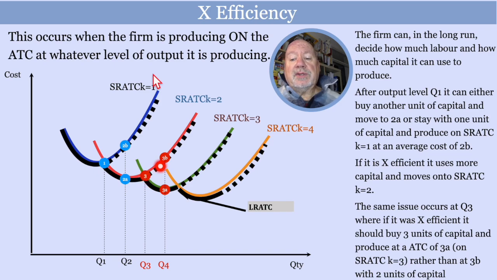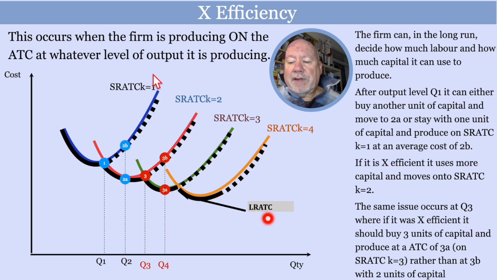Shall we stay with 2 units of capital? Because in the long run we could introduce another machine and we could move on to another short run average cost curve. So the argument is that if you decide to add more and more capital, then you are able to go here to here to here to here.